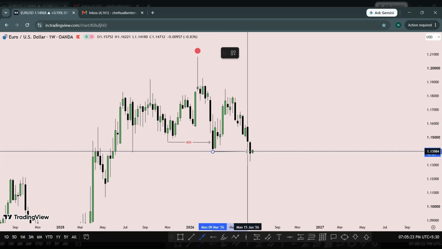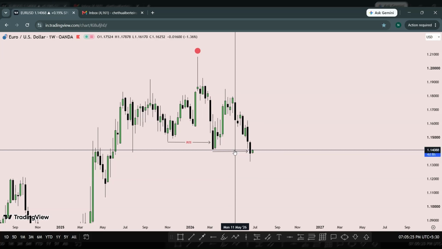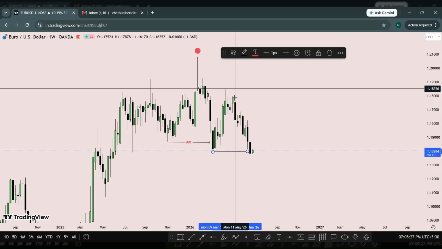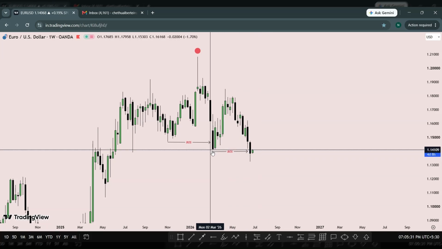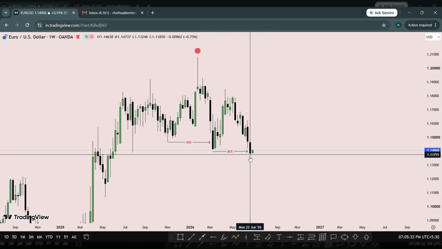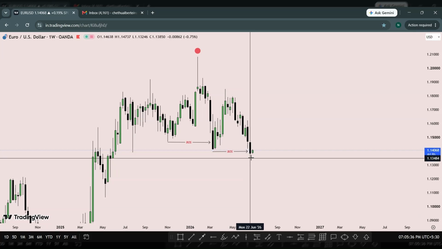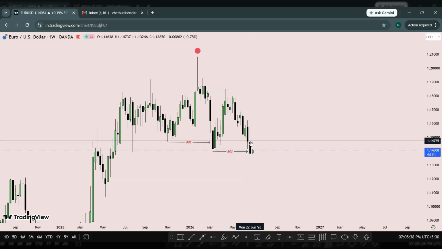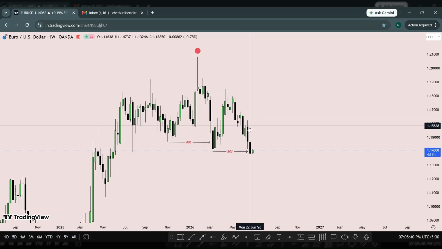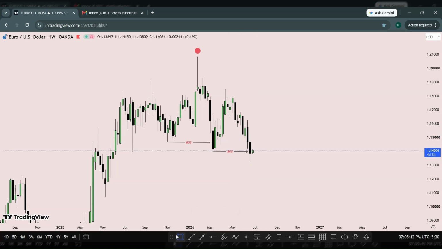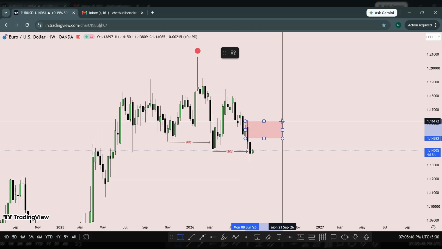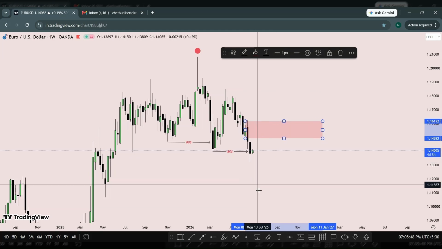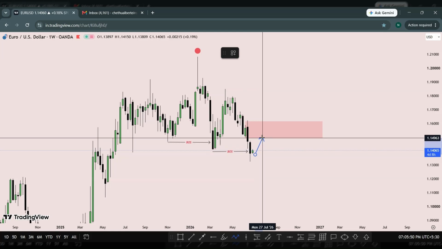As per my experience, if the market breaks the previous swing low, we can expect some pullback. For that, until this supply zone, we can go long on EUR/USD. From this zone, we can expect some short positions.